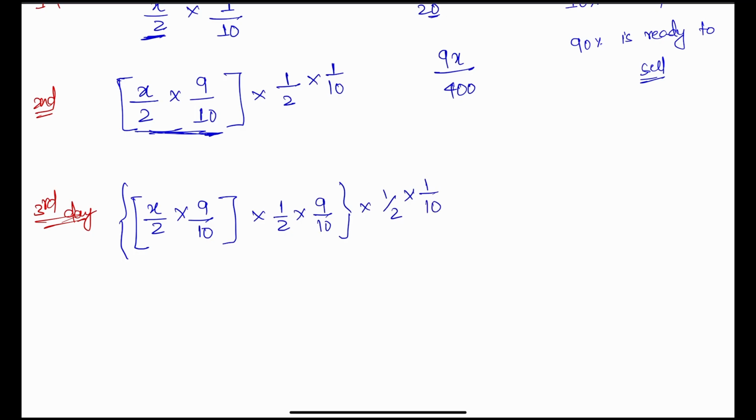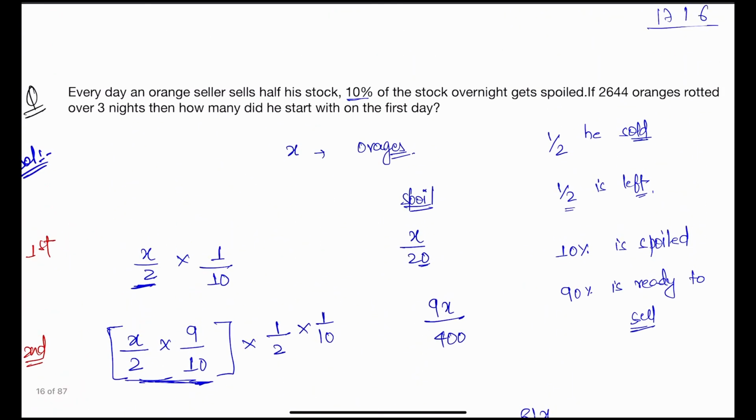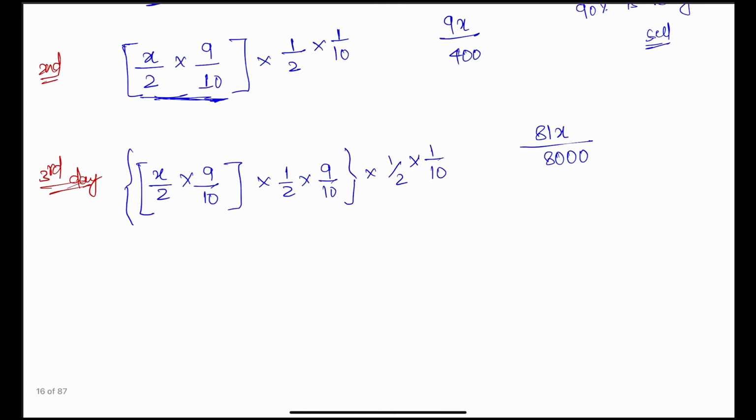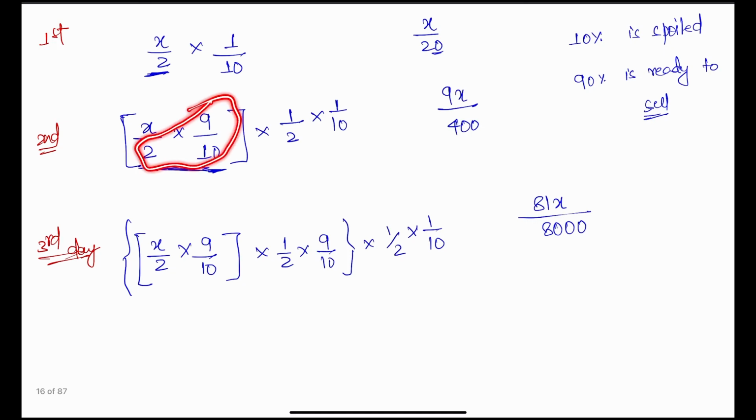So overall it will be 81x upon 8000. So there is a pattern also. If it is given that tell me after 30 days or 25 days, the pattern is this one.